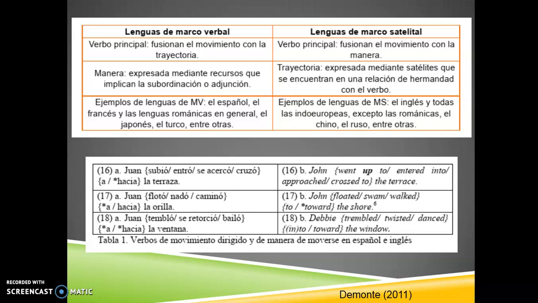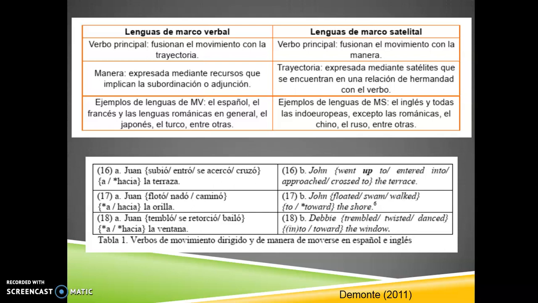Like in Spanish, the main verb, el verbo principal, fusiona el movimiento con la trayectoria. Okay, so Juan subió, se acercó, cruzó hacia la terraza. Subió a la terraza, se acercó a la terraza. Okay, subió, entró a la terraza. Okay, and en lenguas de marco satelital, like English, el verbo principal fusiona el movimiento con la manera.